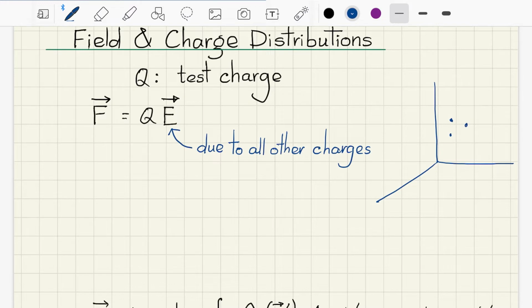They are point charges, and I want the field to be calculated at a certain point, let's say P. Let's define our variables: from the origin to the point P, this is the vector R.